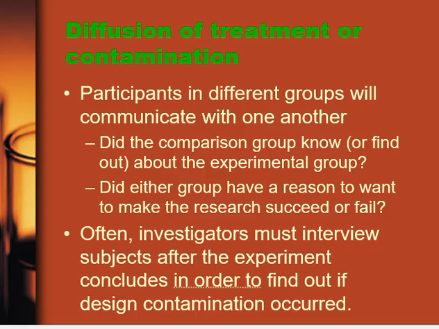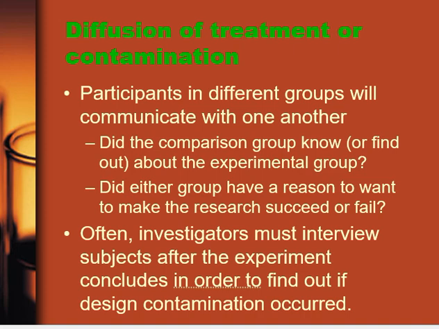You can also have diffusion of treatment or contamination. I spoke of this briefly the other day, but this is when you have a treatment group and a control group, and they somehow communicate with each other or influence each other.